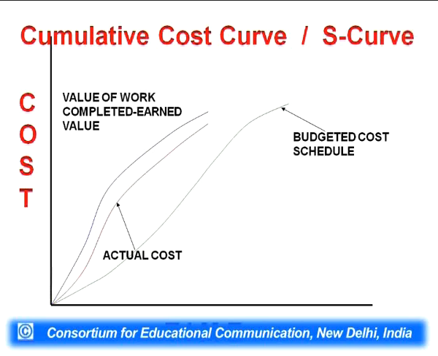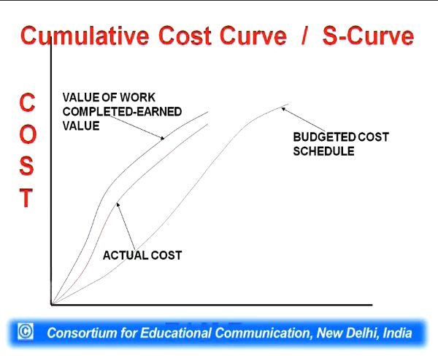It means we have spent less and we have completed jobs worth more funds. So this one, the blue one, is the value of work completed, rather earned value. So at any stage while carrying out the project, in a meeting somebody can ask different questions, whether we are going ahead of schedule, we are going behind the schedule, is there any overrun or is there any underrun.